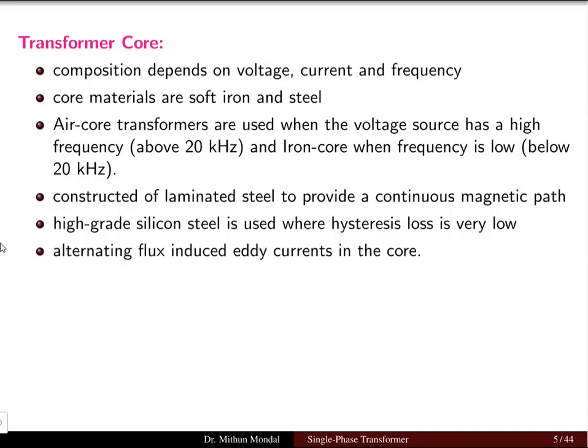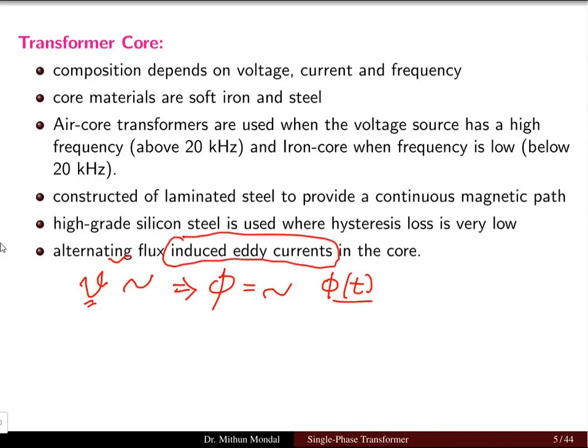Since the supply that we are giving to the transformer is alternating in nature, this will lead the flux to be alternating as well. It means that the flux is a function of time t, which will induce eddy currents in the core of the transformer.